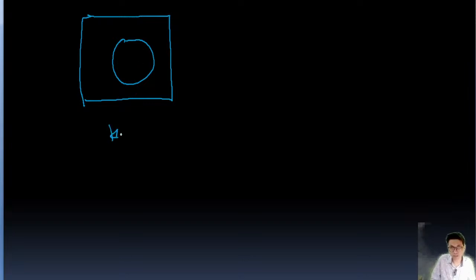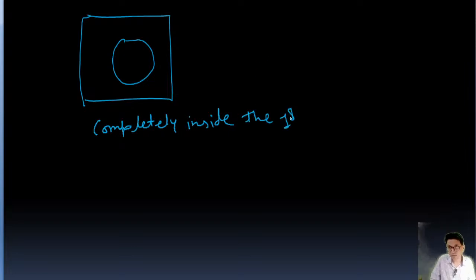So in this case, you can see the Fermi circle is completely enclosed by the first Brillouin zone. So it is completely inside the first Brillouin zone. Okay, this is the case. So these are the different cases.